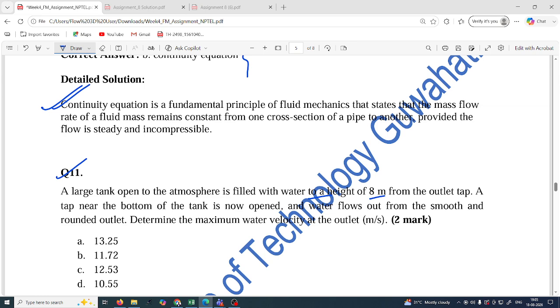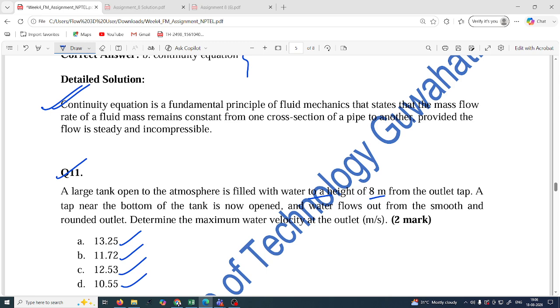A tap near the bottom of the tank is now opened and water flows out from the smooth and round outlet. Determine the maximum water velocity at the outlet in meter per second. Option A 13.25, option B 11.72, option C 12.53, option D 10.55. So you have four options. Just try to understand.